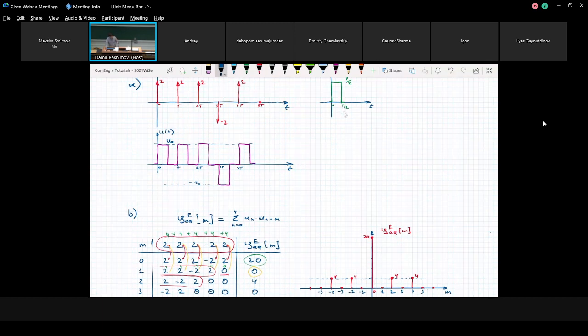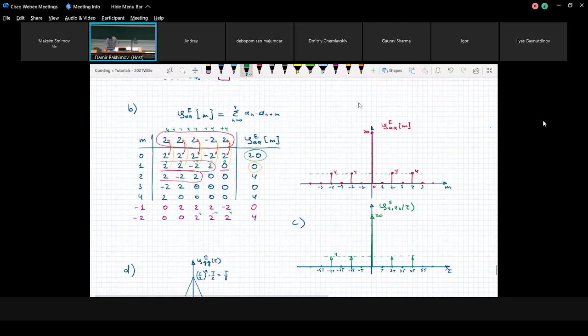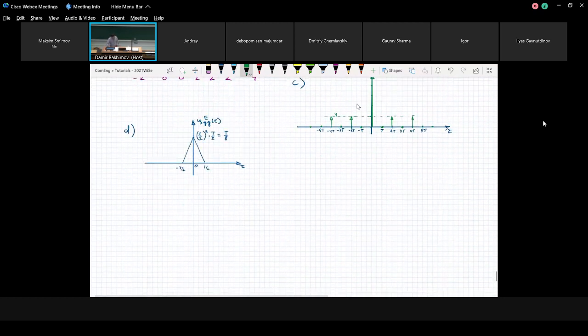It's t/2. But then the triangle goes from -t/2 to t/2. I see that if I write the superscript, the autocorrelation of pulses. And now we go to question E.